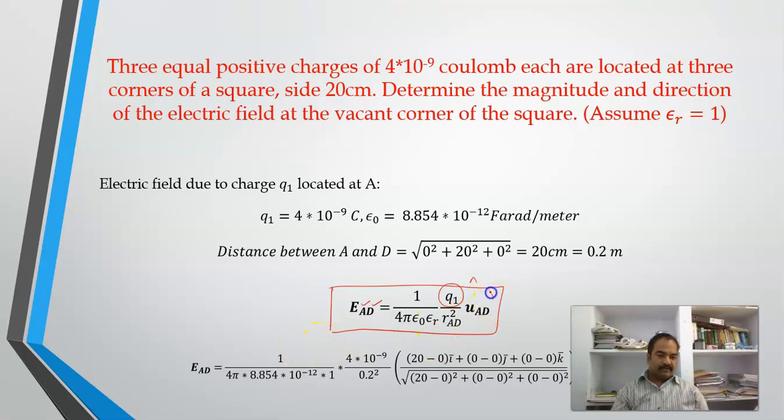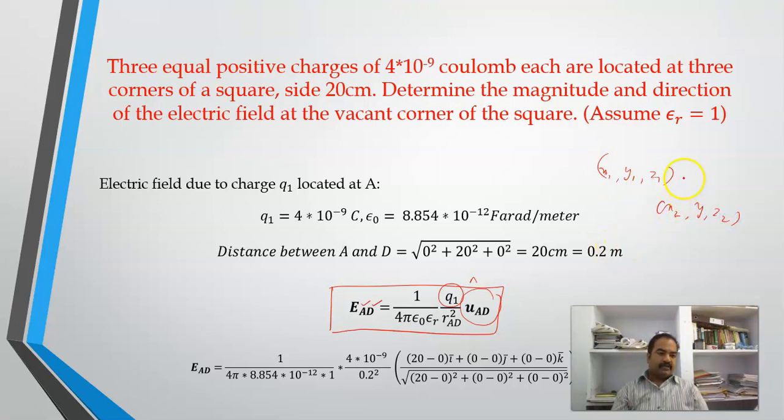In this one, if you carefully see, this is the unit vector which is governing the line joining A and D. So how to determine this unit vector? Different textbooks follow different notations, but let us stick to this one particular notation throughout this course. Let us suppose you have 2 points, x1, y1 and z1, and x2, y2 and z2.